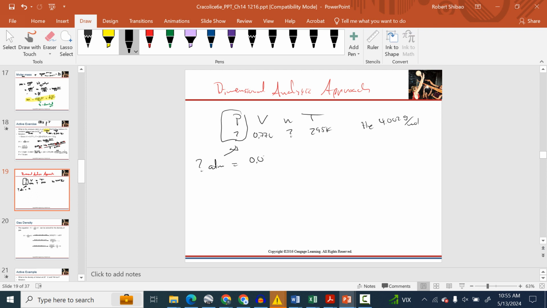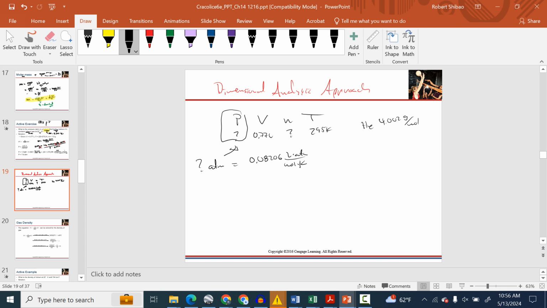Well, 0.08206 does. It has liters times atmosphere divided by mole Kelvin. So where do we get that number from? You memorize it. How many of these R's do you want to memorize? Not a lot. What you want to do is just memorize one.